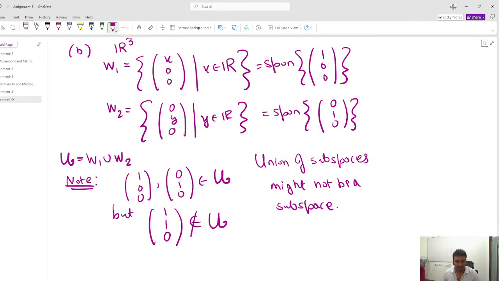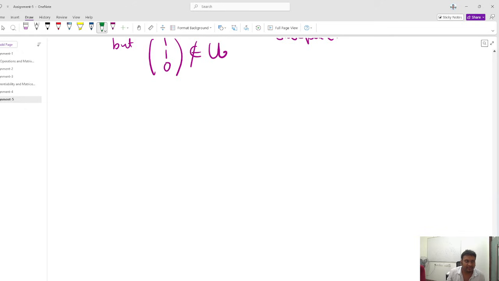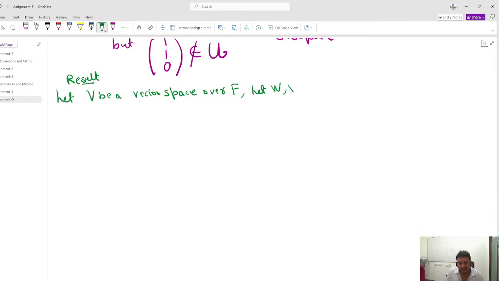I want to go a little bit beyond your assignment, and I want to tell you one thing. There is a beautiful thing about union. So let V be a vector space over F. You can say this is a mini result. Let W1 and W2 be subspaces.